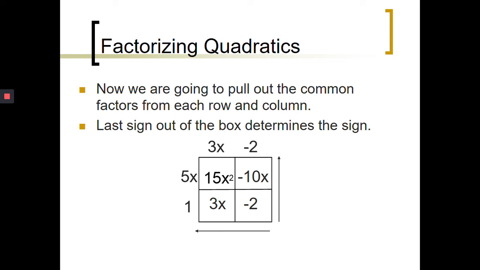We are in familiar territory now. As you go around the box, you are going to determine the GCF of a pair of expressions. So let me remind you about what I'm talking about.